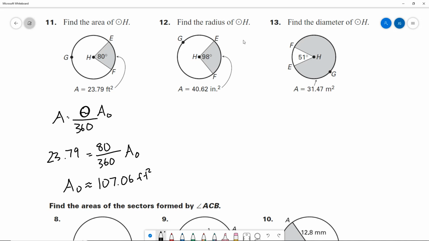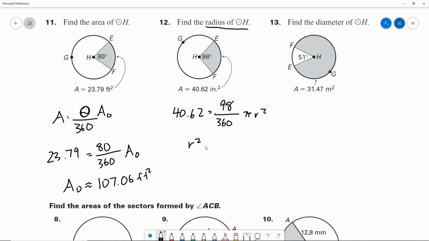Radius. No longer finding the area of the circle. Now we want to find the radius of the circle. So we'll use our good old sector area formula. 40.62 is going to be equal to our theta here, 98 over 360 times pi r squared.